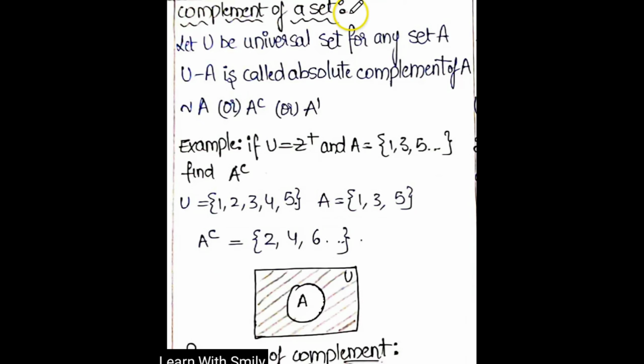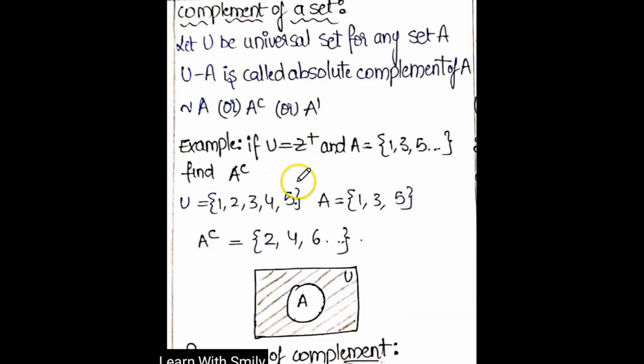Coming to complement of a set, let's take U to be the universal set for any set. Then U minus A is the absolute complement of A, and it can be represented as negation A, or A power C, or A dash.